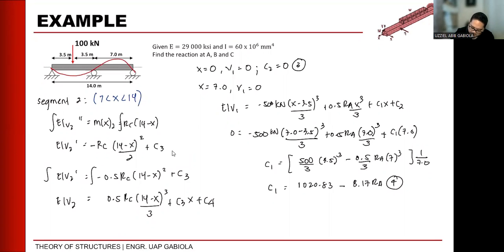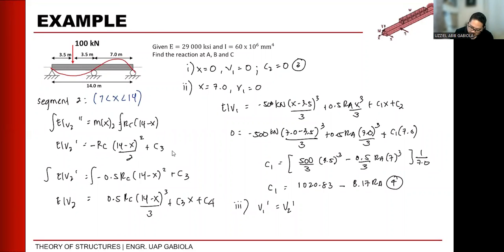Okay? So, lagyan natin to ng mark, no? So, yung una nating condition, second condition, and then third condition natin, yung slope ng first segment ay equal sa slope ng second segment.